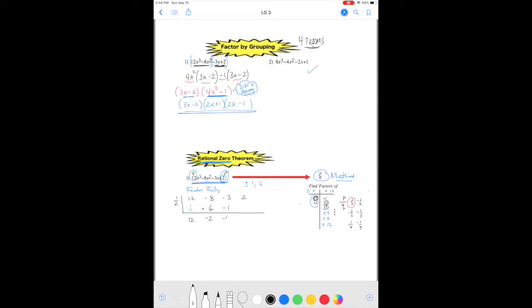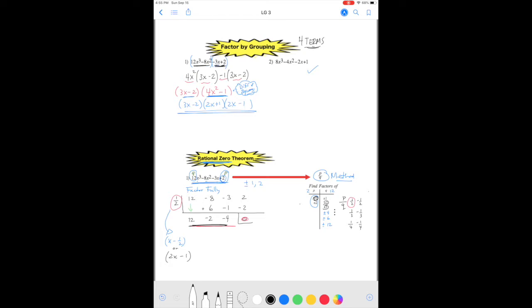We add. Half of negative 4 is negative 2. And we got a 0. So we did it. That is a factor. Now I take this and write it as a factor. Some people do x minus a half, and that's correct. I prefer 2x minus 1. Either way is fine.